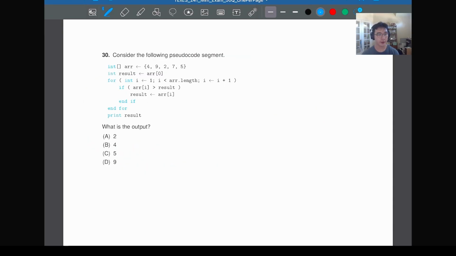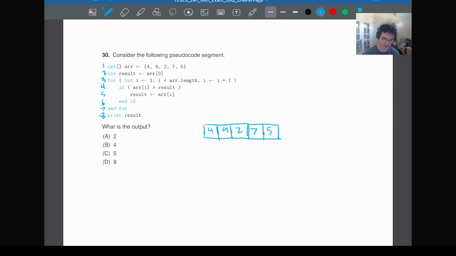All right, question 30. Consider the following pseudocode segment. And what is the output? So we have lines of code. And let's go ahead and take a look. We have an array 4, 9, 2, 7, 5.